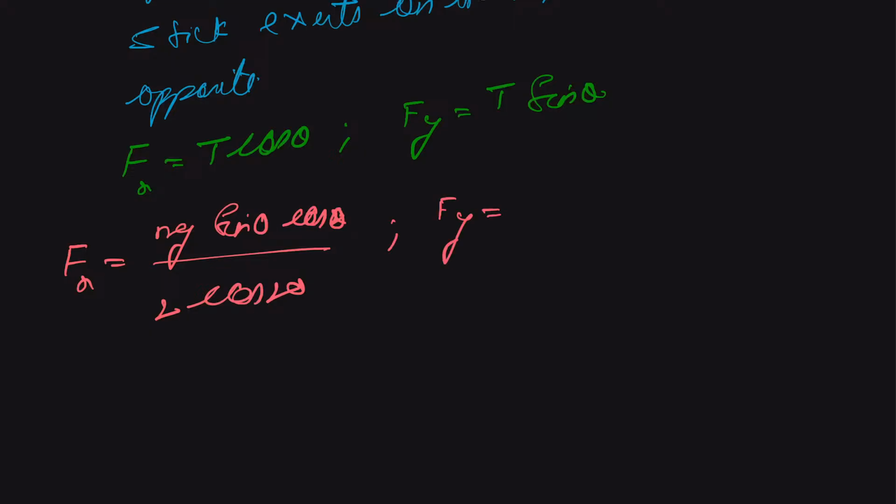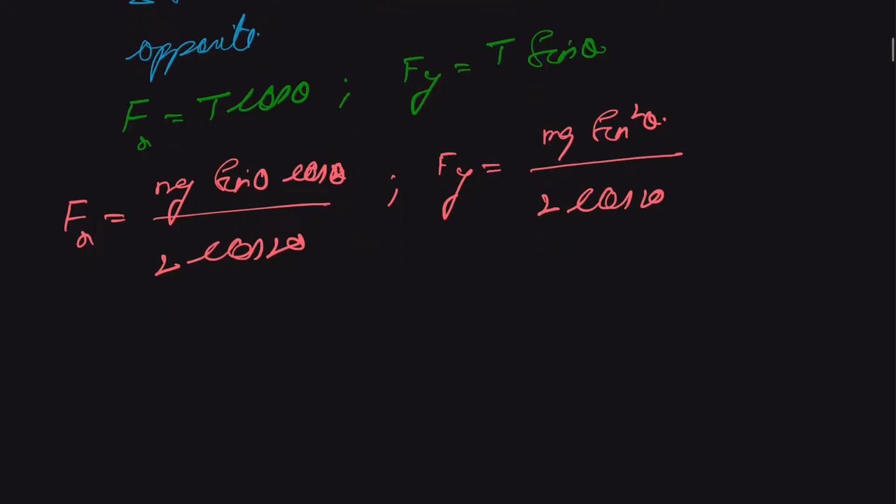Similarly, F of y is equal to mg sine square theta over cos 2 theta. Okay. So these are the forces, the tension as well as the forces that were acting.